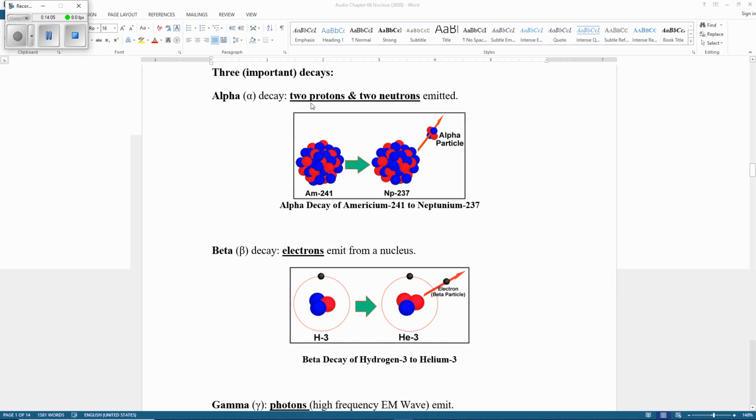Each particle has 2 protons and 2 neutrons. Look at this figure here. This is before, this is after. What happens? One particle comes out. This particle has 2 protons and 2 neutrons, and we call it an alpha particle. So before and after, the atomic number changes. One nucleus changes to another, because it has 2 protons less and 2 neutrons less.